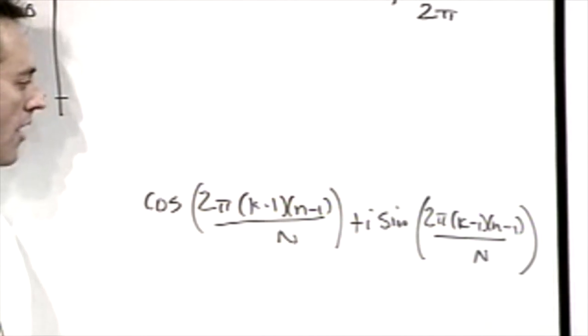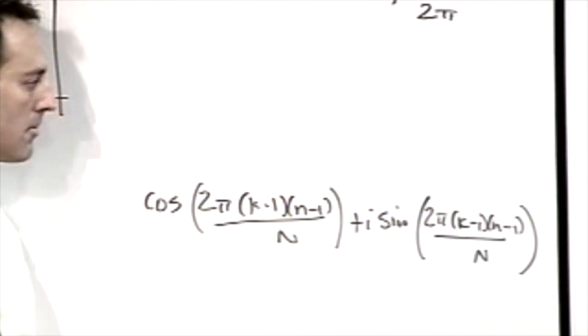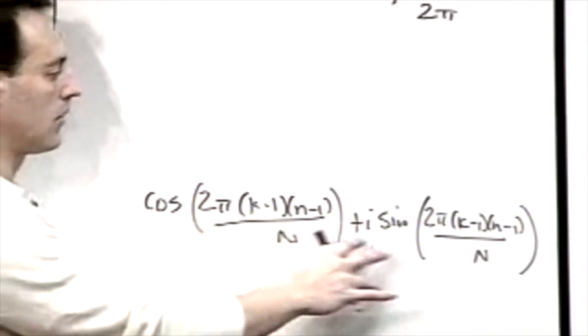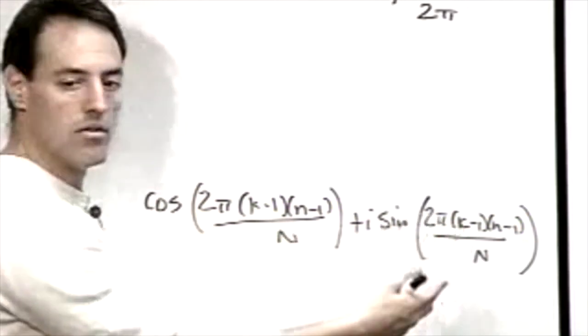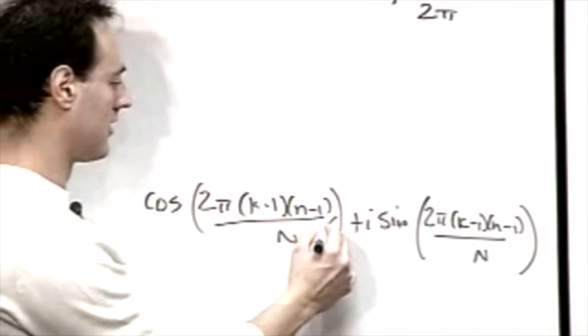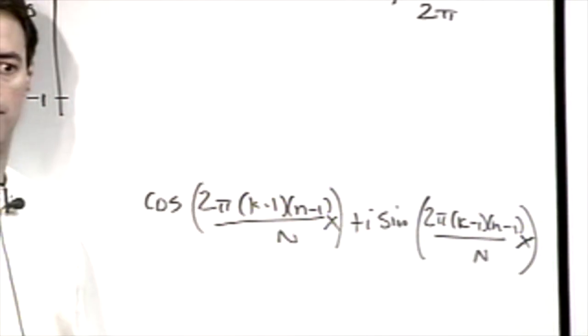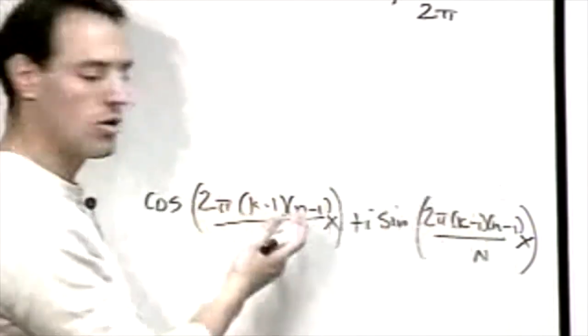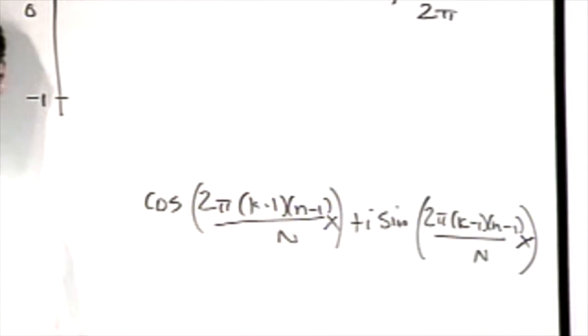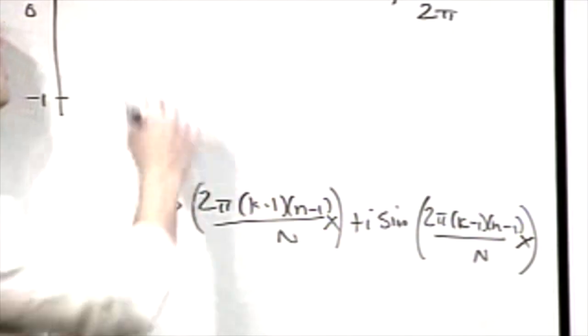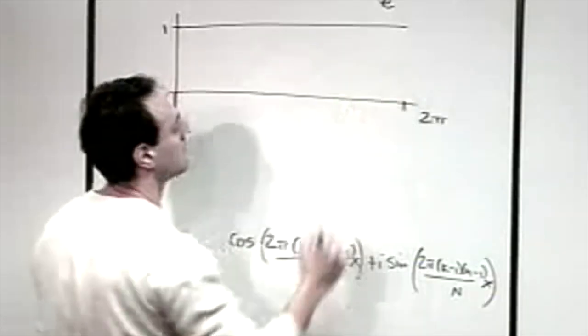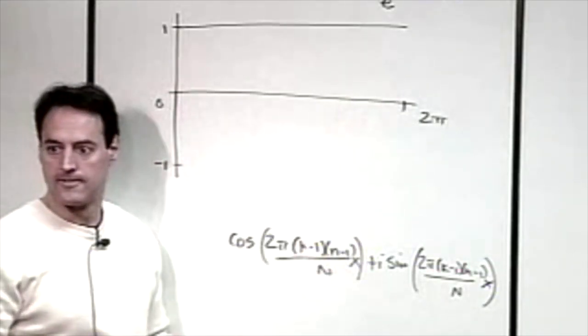So for instance, what if I pick k to be 1, n to be 1? What do I get here? Well, sine of 0 drops out. What's cosine of 0? Constant. It's 1. So it's one of my basis functions.